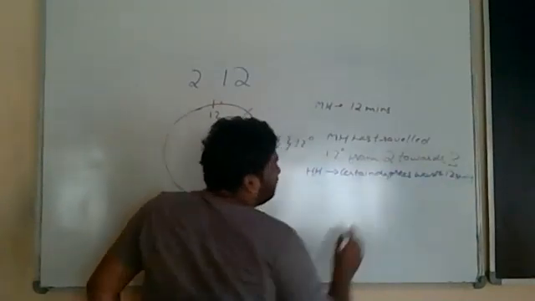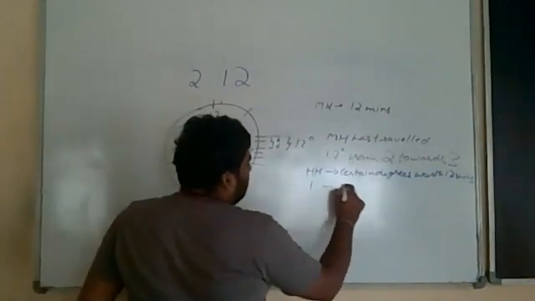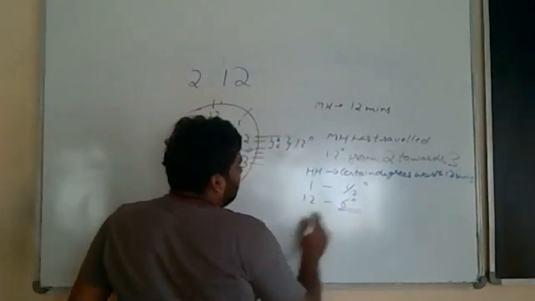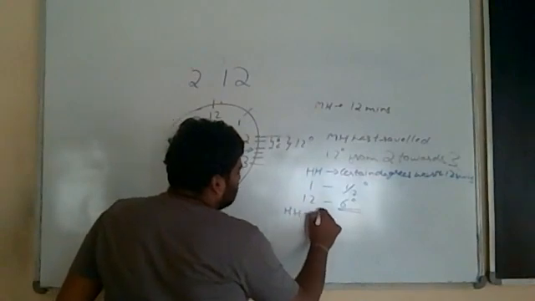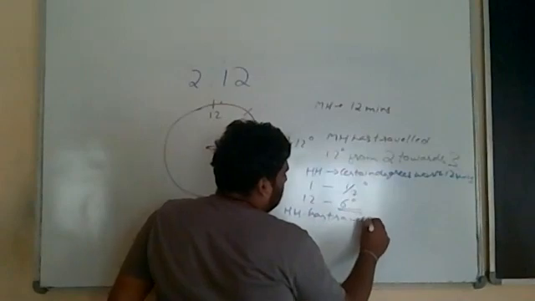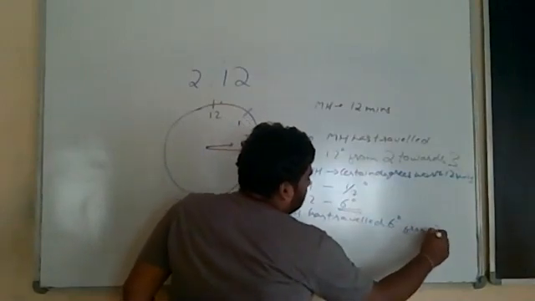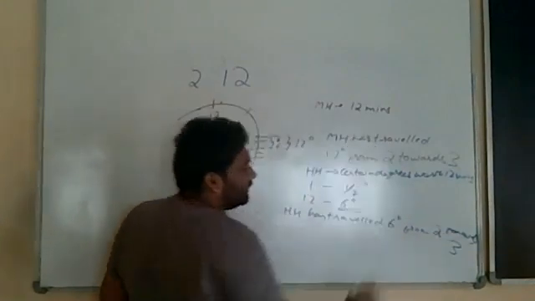Yes or no? 1 minute is half a degree. 12 minutes, how many? 6 degrees. Which means our hour hand has traveled 6 degrees from 2 towards 3. Do you agree with this?